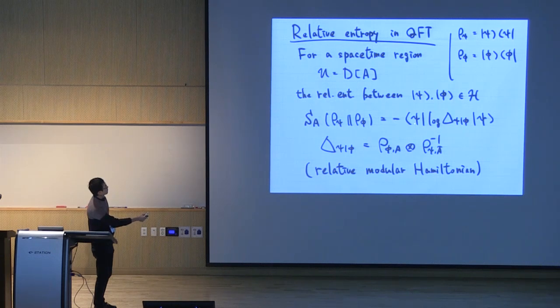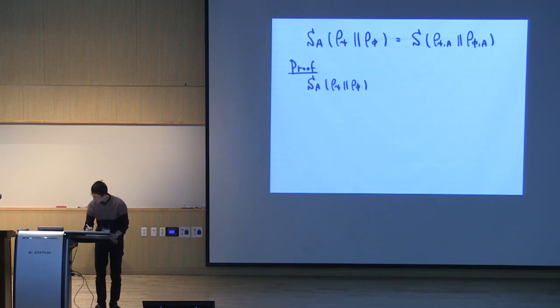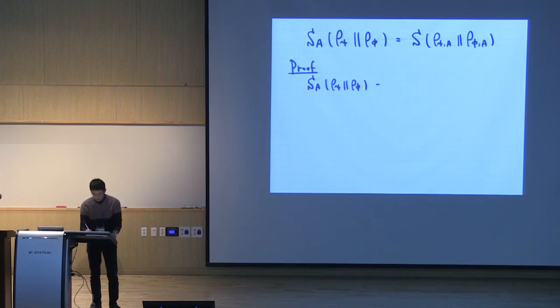So the expectation value in psi can be written as a trace of rho psi times log of delta, which becomes minus trace of rho psi log delta.